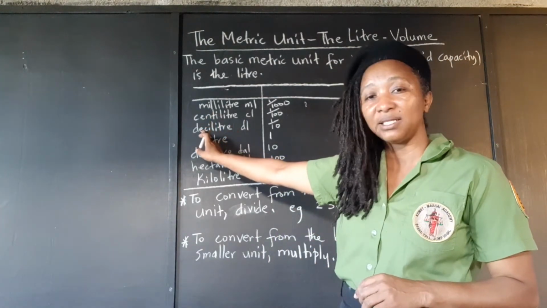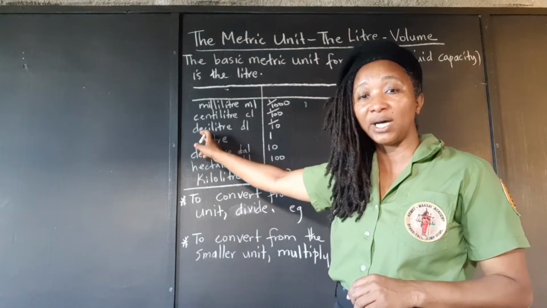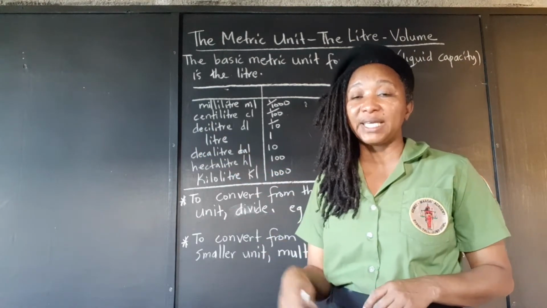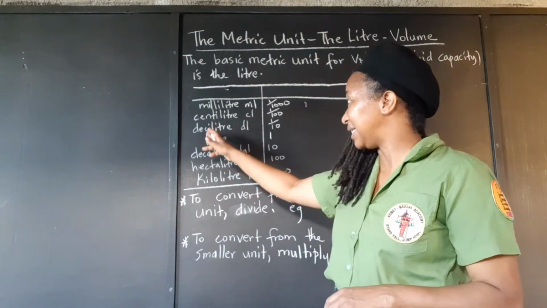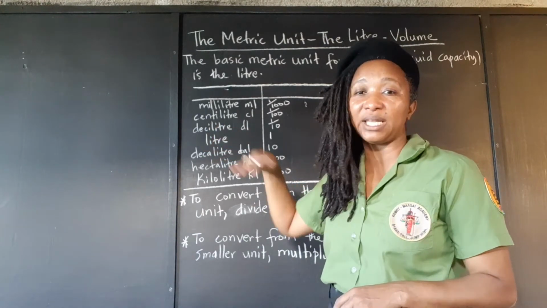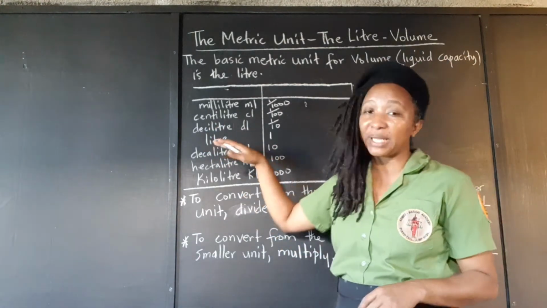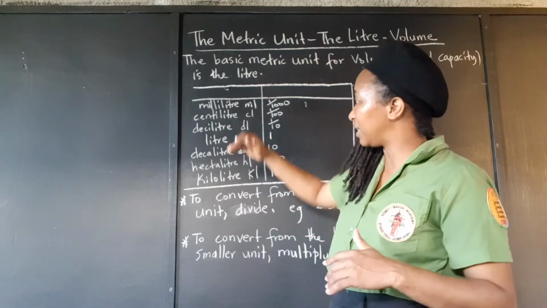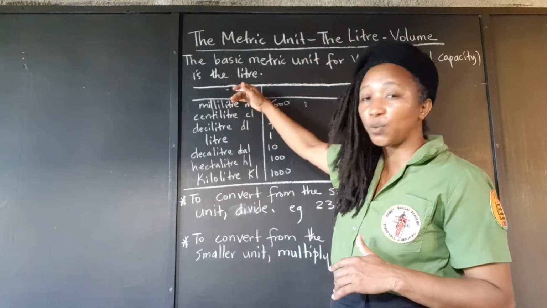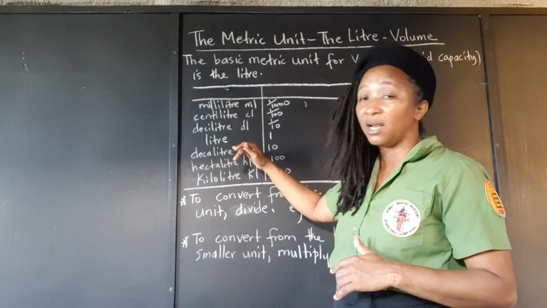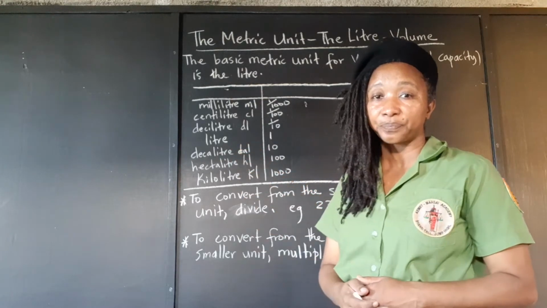Deci as a prefix indicates 1/10. So it takes 10 deciliters to make 1 liter. So the liter, of course, would be in the middle. That is the middle ground. These are smaller units to the liter, and these are larger units to the liter.